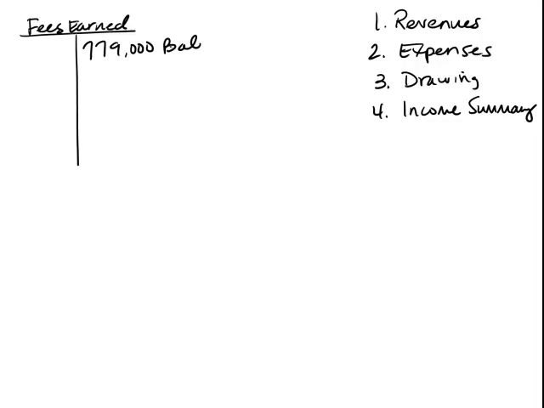So it's got a normal credit balance. So we know we need to put it over here. How do we make that 0? How do we clean out that account? A debit or a credit? A debit, and make it come down. Okay? So we need to debit $779,000 to the fees earned account.